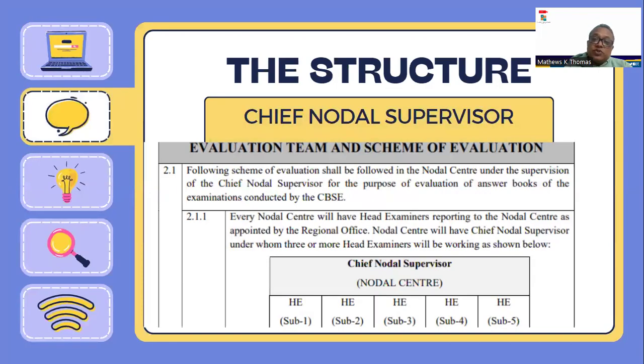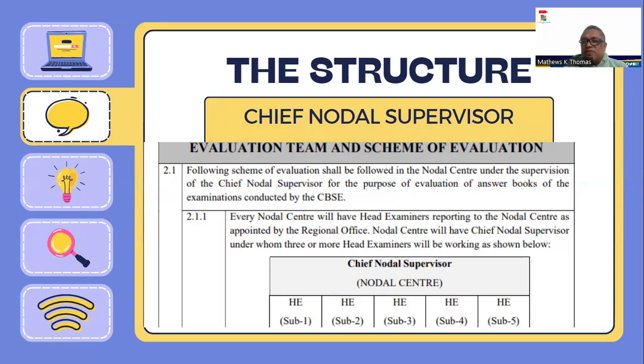And that person is normally the principal of the school, who is a subject expert. So if the principal is a maths teacher, normally a maths evaluation goes on there. If the principal is an English teacher, with an English background, then the checking of English goes on there, right? It very rarely happens that the principal is a science person and English checking happens. No, normally the CNS is the subject expert.